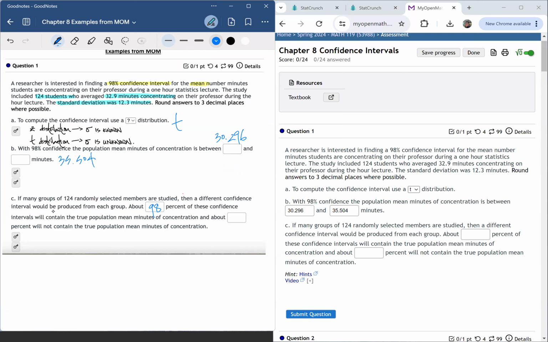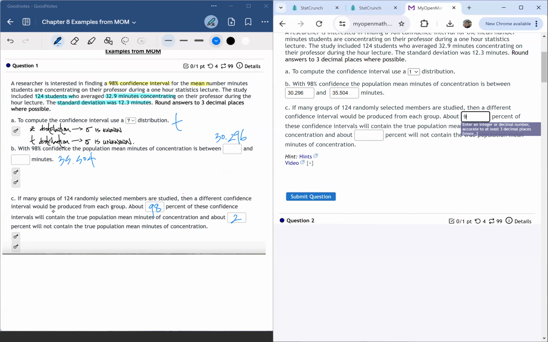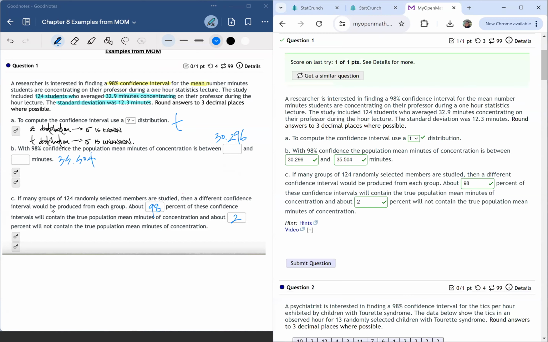And what percent will not contain that? Well, 98, if I take 98 away from 100%, I'm left with 2. And that's the percent that will not contain the true population average number of minutes. Okay. So let's type those in here. We've got 98 and we've got 2. We'll submit our questions and we've got everything right.